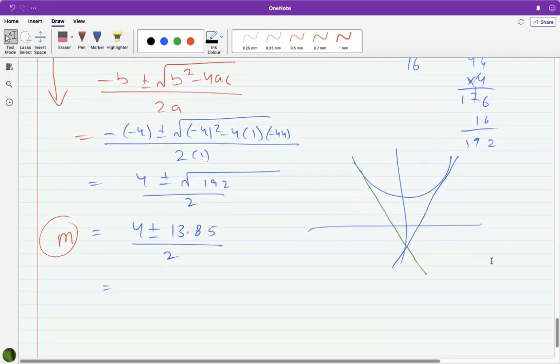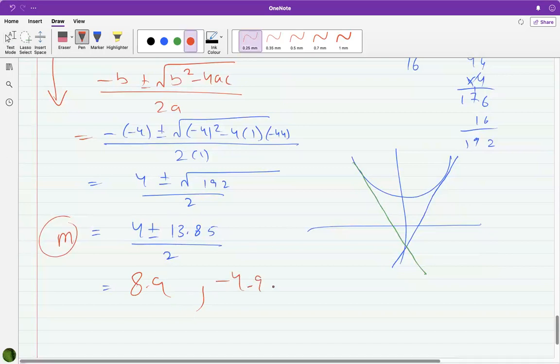For these two values of m, let's solve this. This is 4 plus 13.85 divided by 2, that is 8.9. The other is 4 minus 13.85 divided by 2, which is negative 4.9.